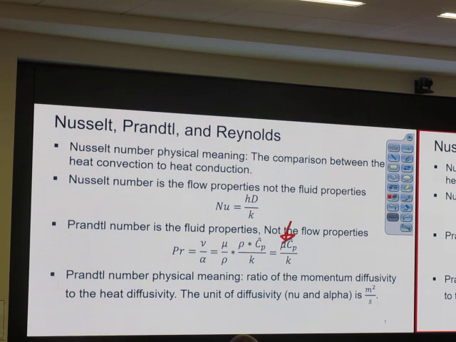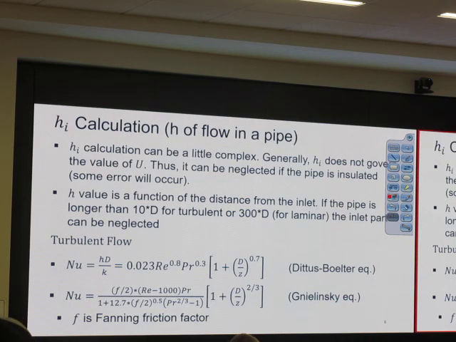My point is, mu is two digits, like 10 centipoise. 10 centipoise is 0.01 Pascal second. You have to be able to convert from different units. Prandtl number is a fluid property. Basically, you get it from the handbook, or Google it. Plug it in, put the Reynolds number in, then we can calculate Nusselt number.